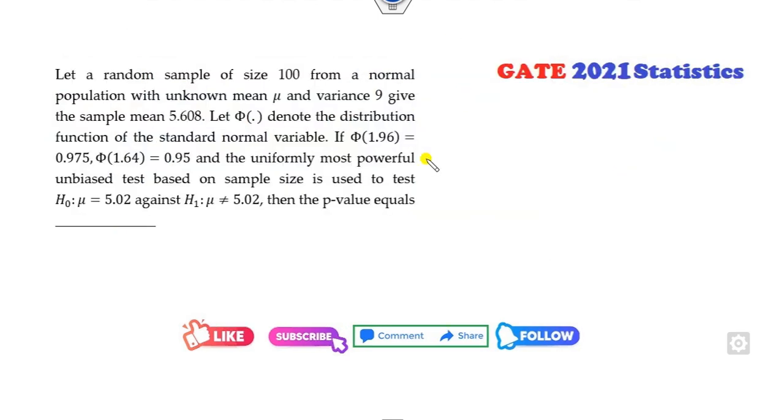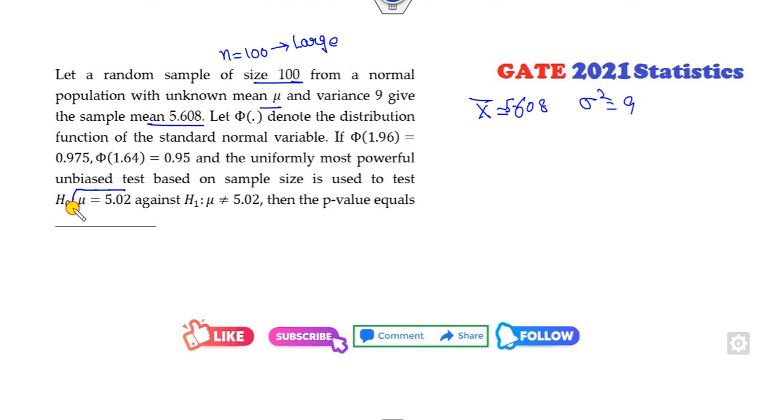Okay, look at this another one. A sample size n is 100, so it's a large sample. Mean is mu. Sample mean x bar is given to you as 5.608. Sigma square is given as 9.